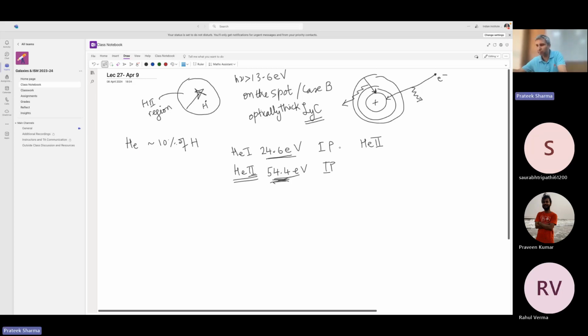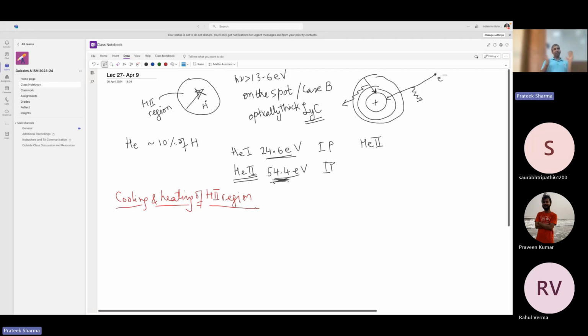Now we'll do a little bit about cooling and heating of H2 regions. Actually, H2 regions can also have dust, and dust can have important implications. If you have dust in the H2 region, it can absorb the ionizing photons, so it can reduce Q naught.